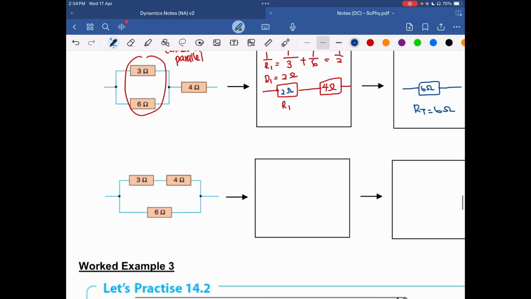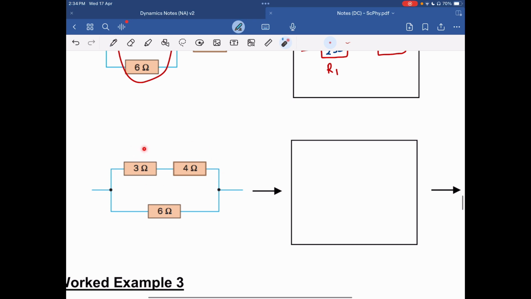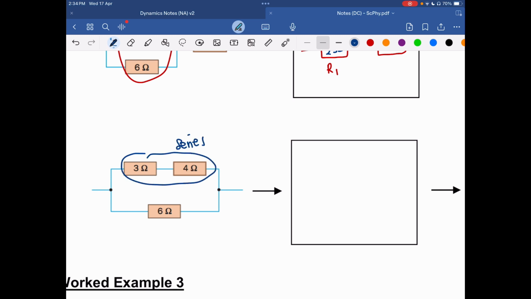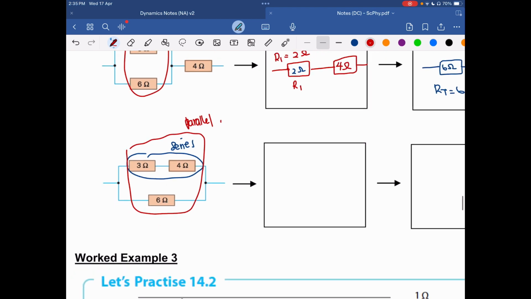Okay, next one. Again, if you look at these two resistors, 3 ohm and 4 ohm, they are both in series to one another, right? But both of which are parallel to the 6 ohm. So we can simplify this circuit diagram again into the effective resistance of two components like this.